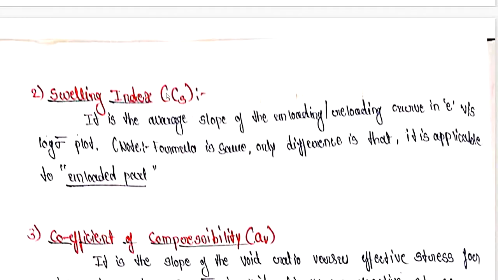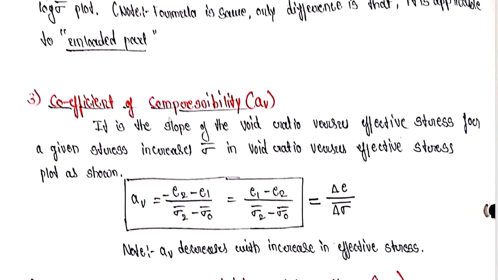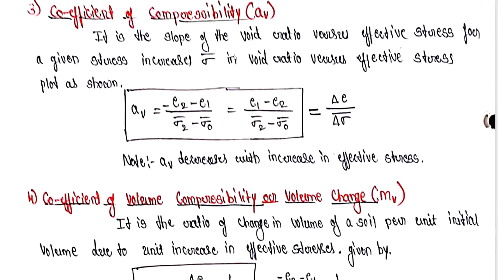Further you can see the swelling index. The same formula is there, just in the unloading part we have to consider the slope of the line. Further you can see over here the coefficient of compressibility, that is av. It is the slope of void ratio versus effective stress for a given stress increment, so it is just the slope at a given stress increment.